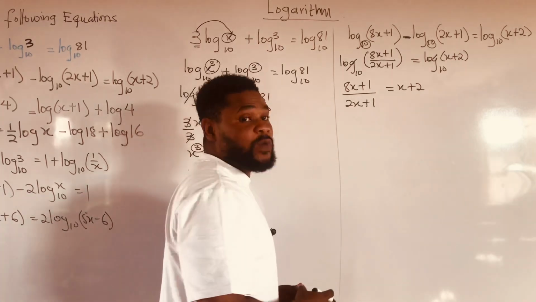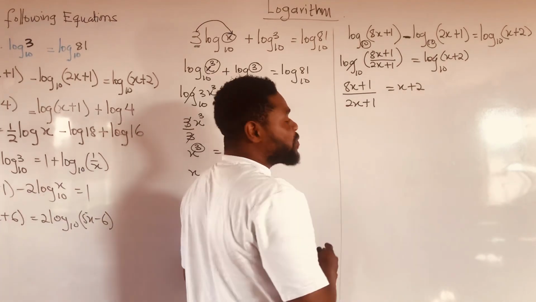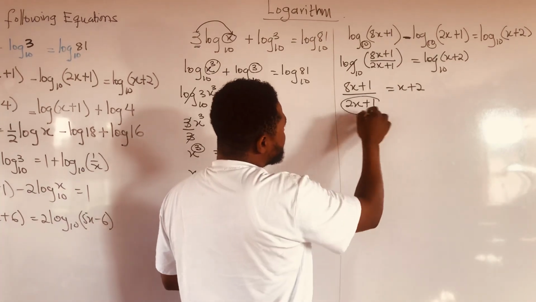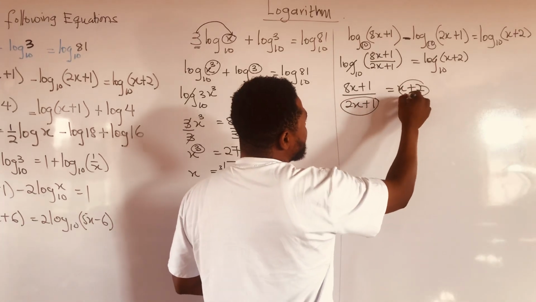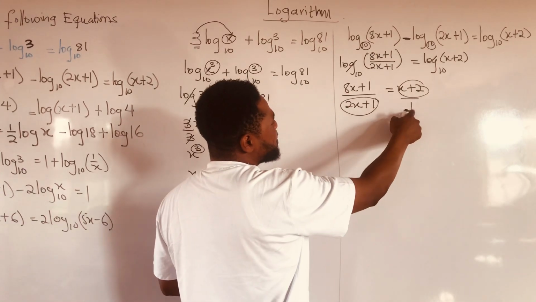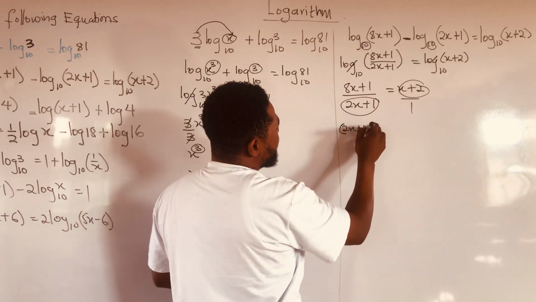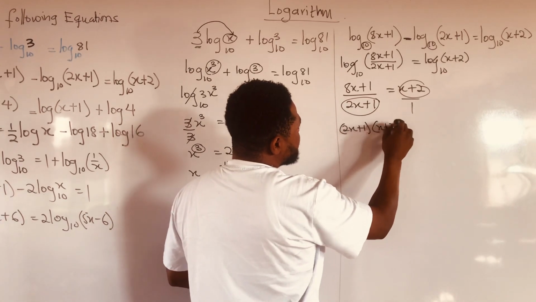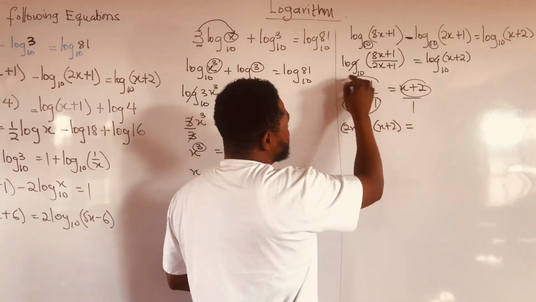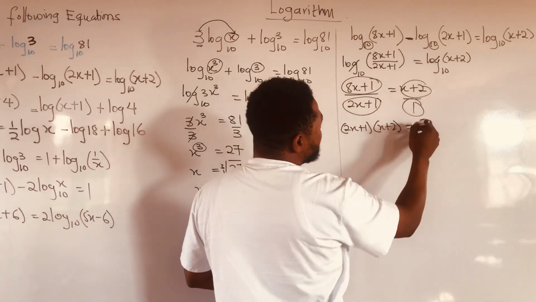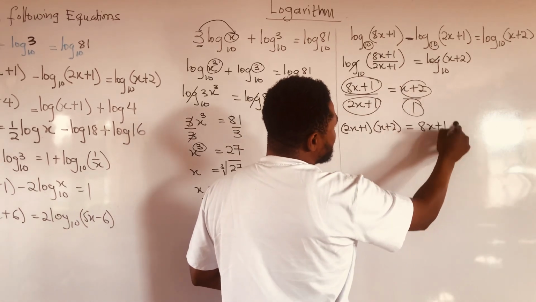And this is a simple equation. We are going to do cross multiplication, where this will multiply this, and this is over 1. This will also multiply this. So this multiplying this, we have 2x plus 1 multiplying x plus 2 equal to, this will multiply the 1, which we are going to get 8x plus 1.